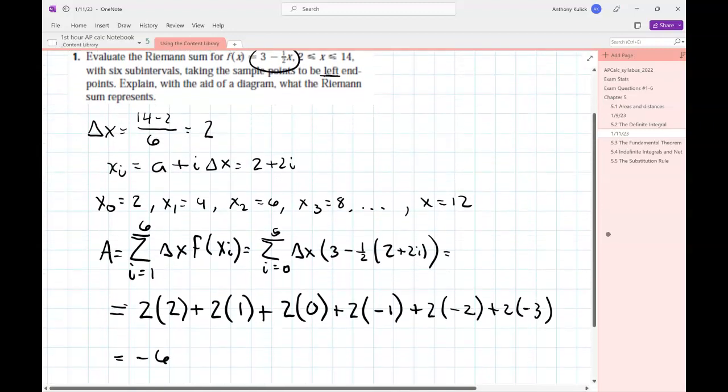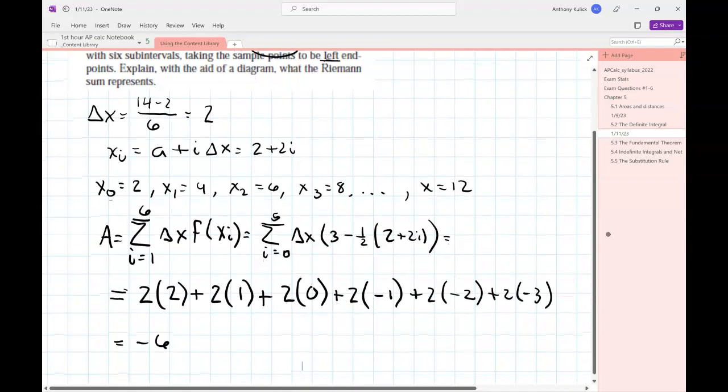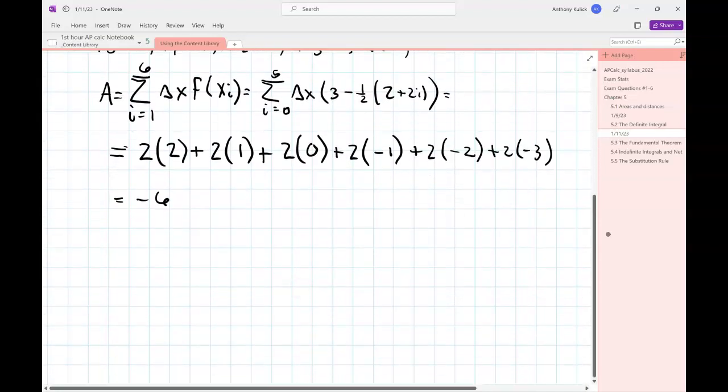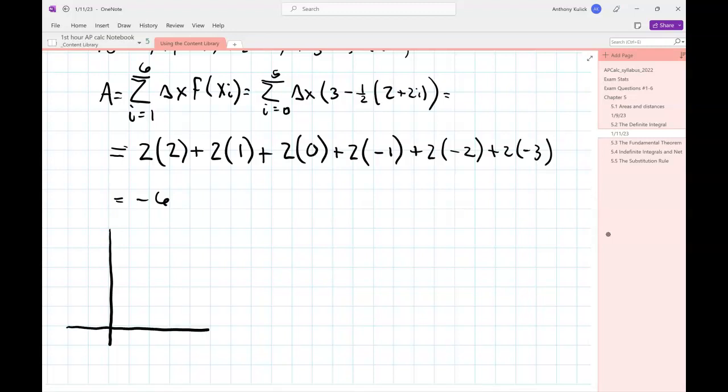And then it says, explain with the aid of a diagram what the Riemann sum represents. So I'll just plot this picture. All right, so we have the first point is 2, 2.